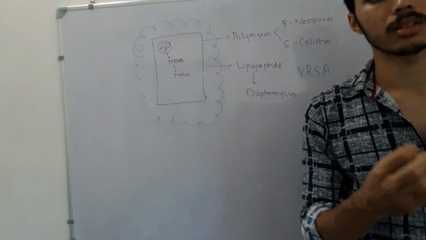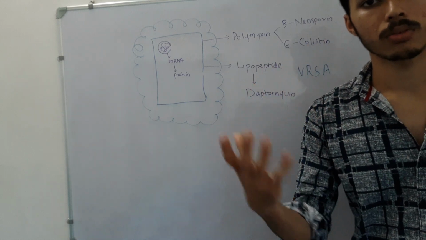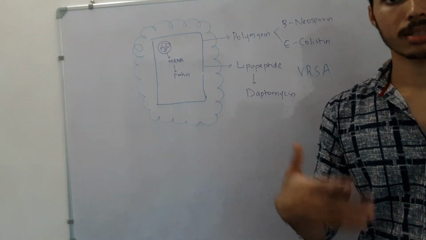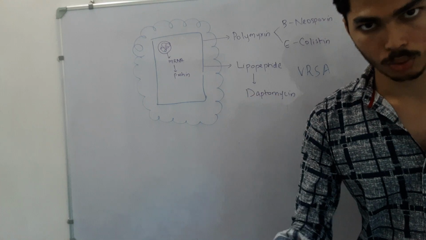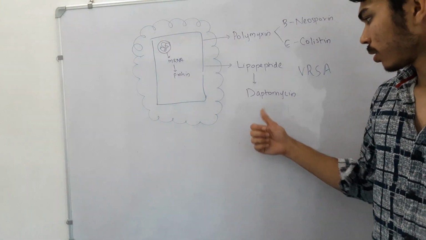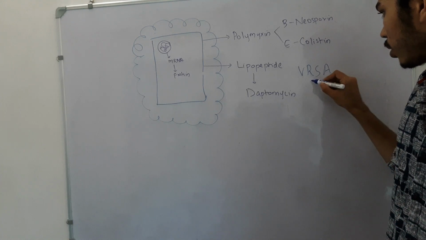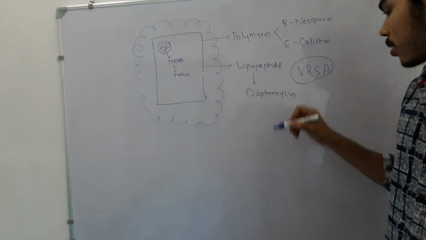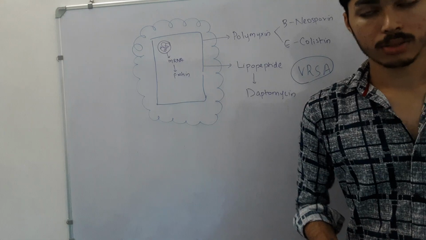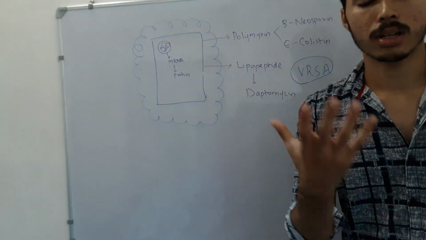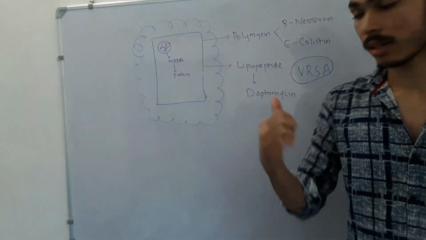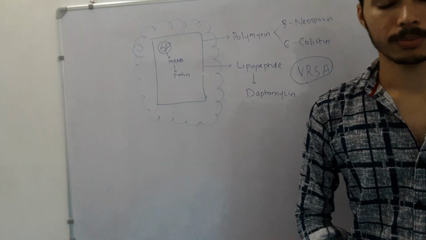The spectrum of action is gram-positive organisms, such as Staphylococcus, Enterococcus. This is the drug of choice for vancomycin resistant Staph aureus. Staphylococcus aureus which are resistant to vancomycin, the drug of choice is daptomycin.